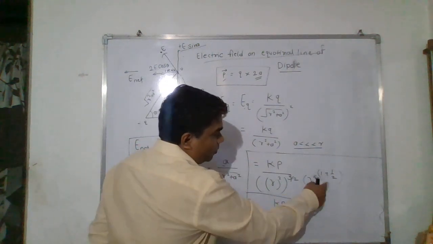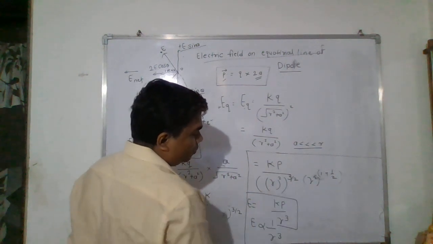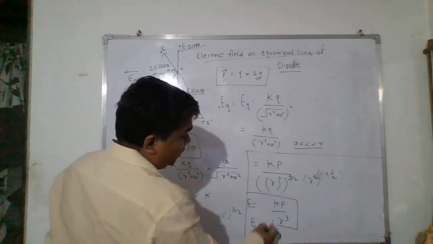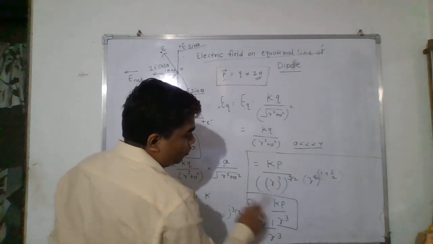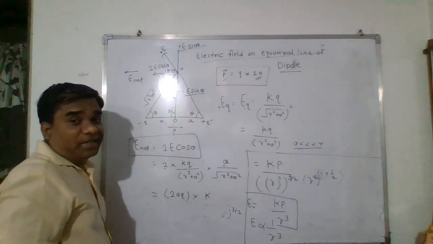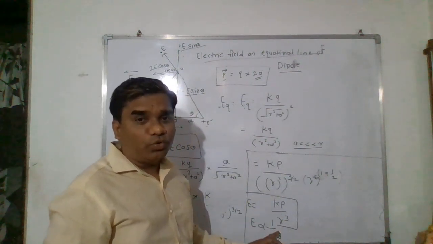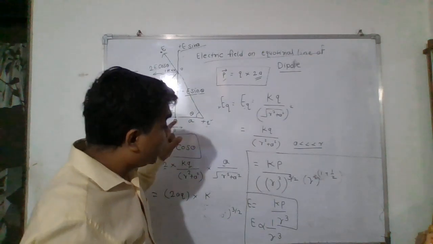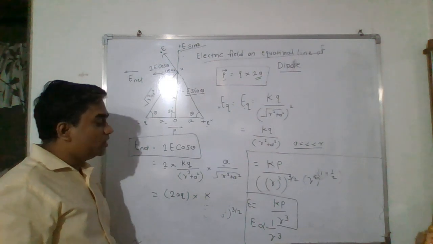So 1 plus 1 by 2 gives you 3 by 2, r square raised to 3 by 2. The square and this 1 by 2 get cancelled, and in the denominator r cube remains. So we can write E is equal to kp upon r cube, and this is the formula to find the electrical field on the equatorial axis because of this dipole.